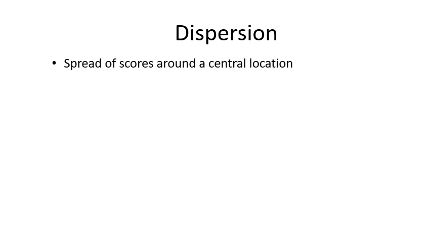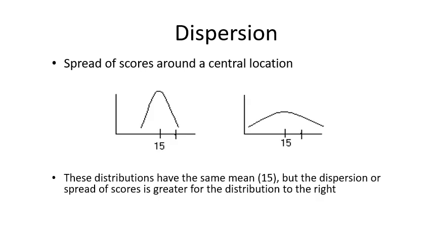Variability is, in a sense, dispersion. Variability is the spread of scores around a central location. There are a couple different ways we can look at variability. In these two distributions, in both of them, we have a mean of 15. So our centralmost score is 15. And really, this is going to show why it's important to have a measure of dispersion as well.